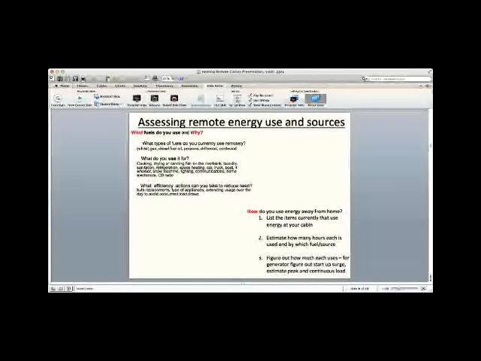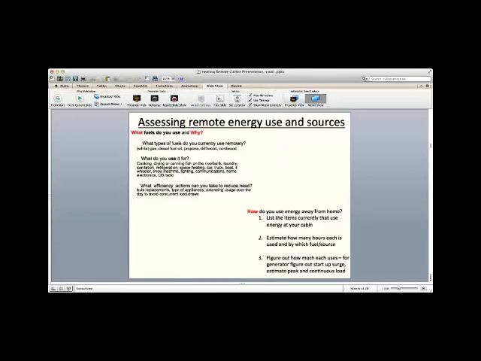So the best thing that you can do is, at your cabin, next time you go out, go ahead and list all the items that you use for some type of heating. Estimate how many hours in an average day, maybe you go for the summer or such, just pick an average day, how many hours do you use heat?